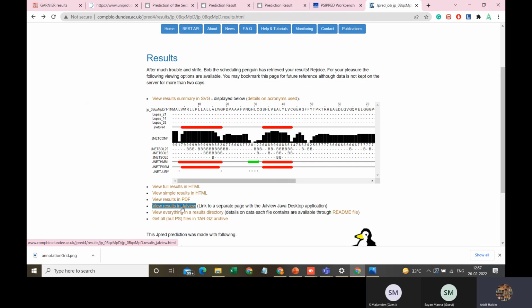So in this way, you can identify all these things, and also you can use JalView. If you remember, in JalView we can see the multiple sequence alignment.